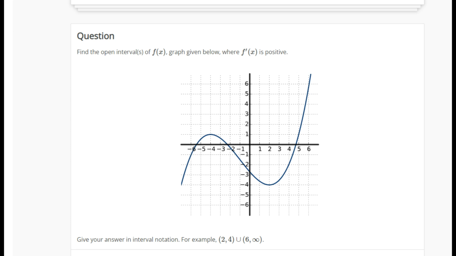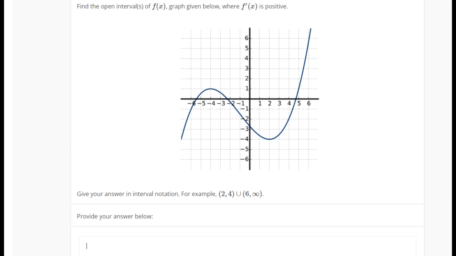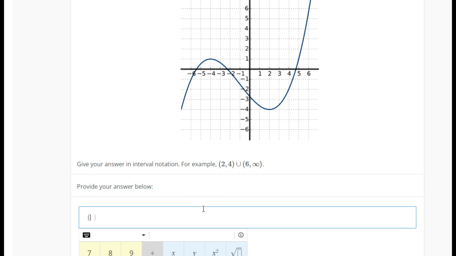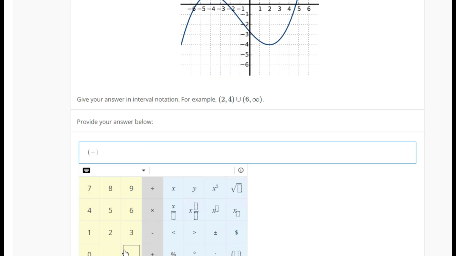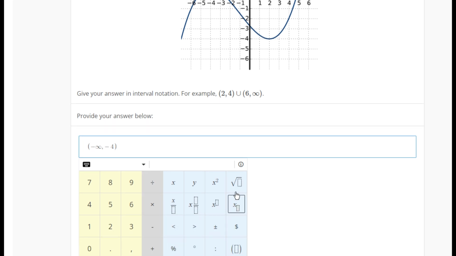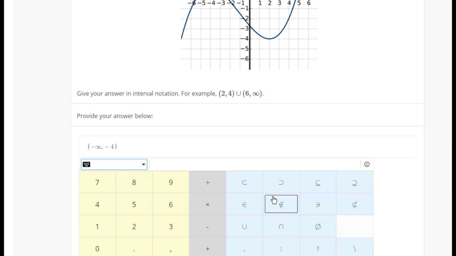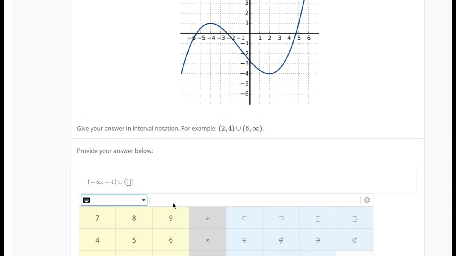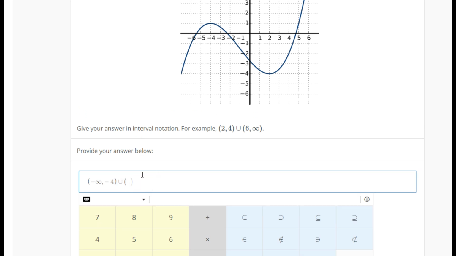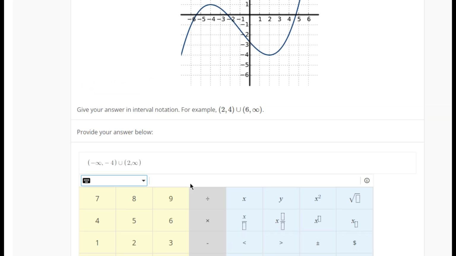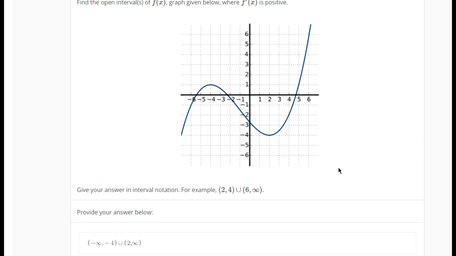So that's from negative infinity all the way up to -4, but you don't include -4, and then we union that with 2 to infinity. And there we are.